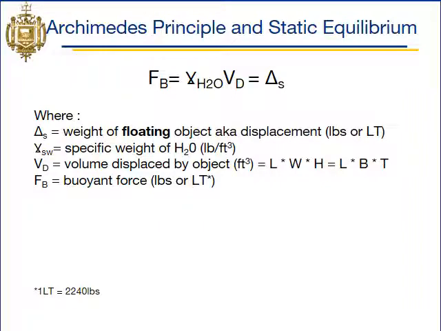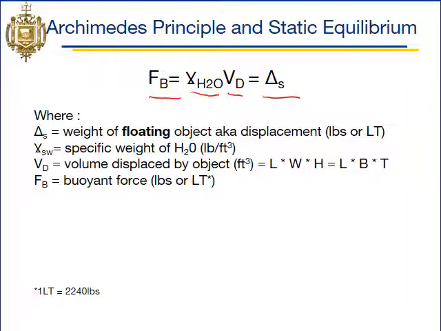All right, so Archimedes' principle and static equilibrium. We know that the buoyant force and the weight of the object are equal to each other, and we need to make a correlation between those two. We know that the volume displaced can be correlated to the weight of the object, and the way we make that correlation is through the unit weight of water.